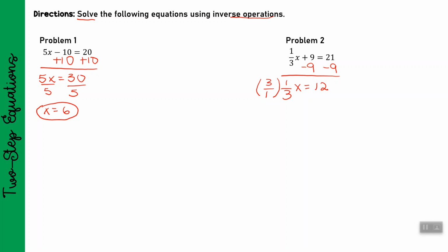So for the reciprocal, we take our fraction and we flip it, the numerator and denominator switch places. So these 3's are going to cancel, these 1's are going to cancel, and we're left with x. Multiply by 3 over 1, which is the same as just 3. 12 times 3, I get 36. And so that's how we do two-step equations.